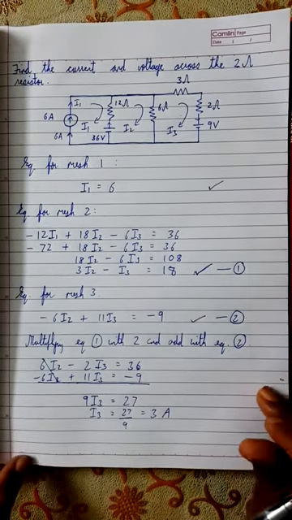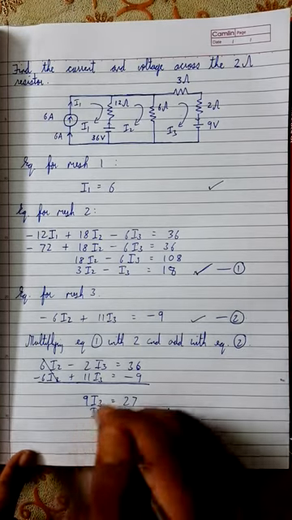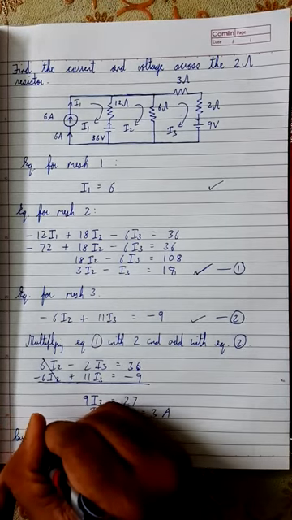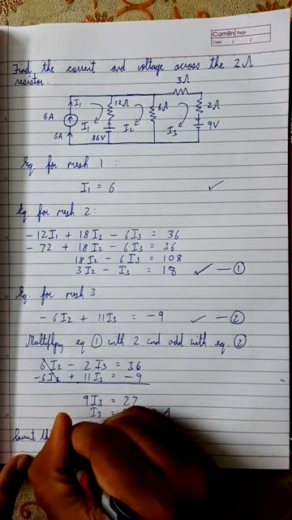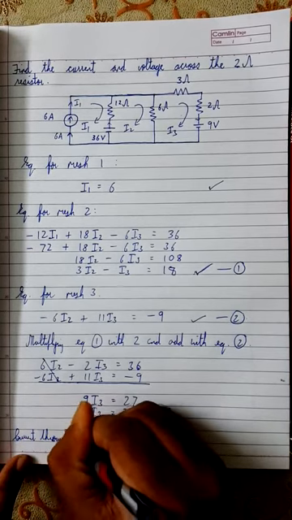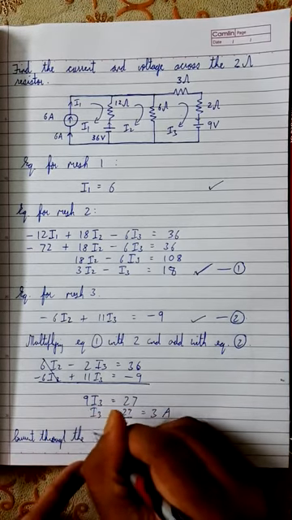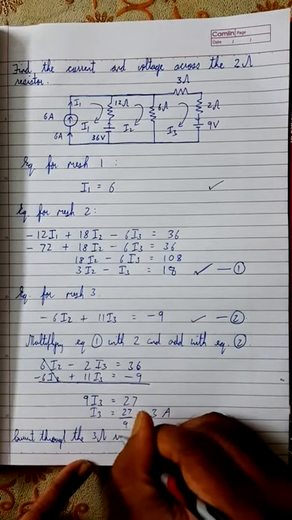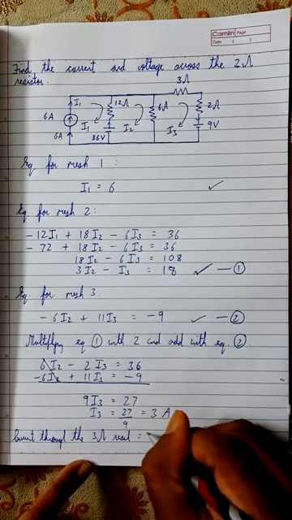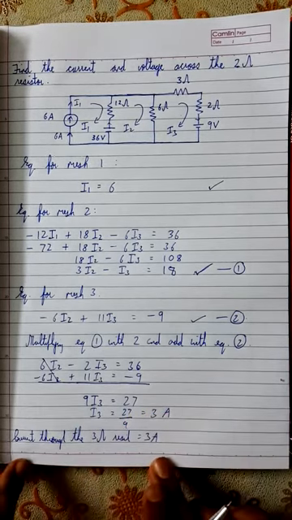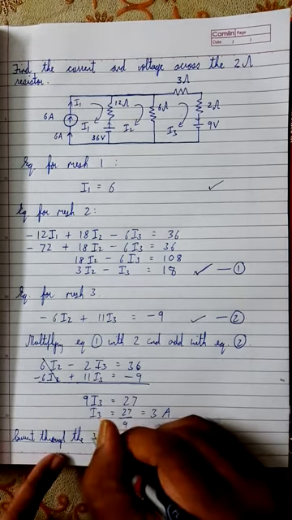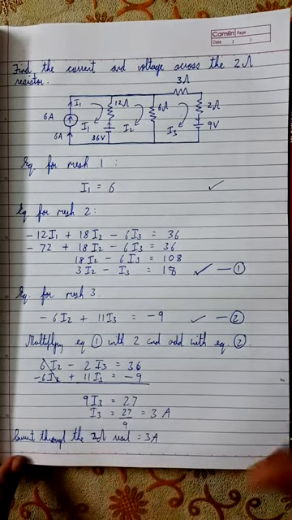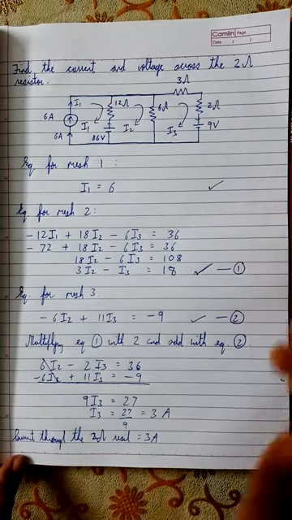Let me write that. Current through the 2 ohm resistor is equal to 3 amperes.